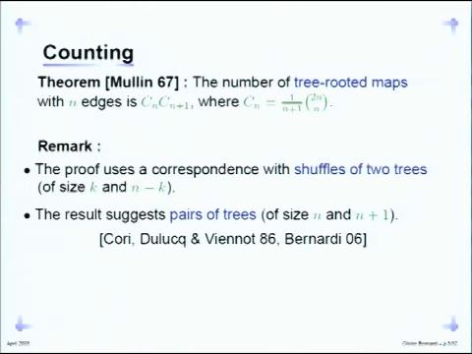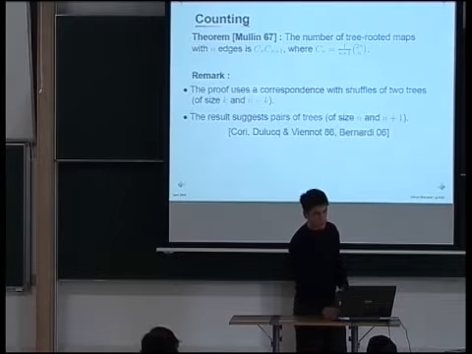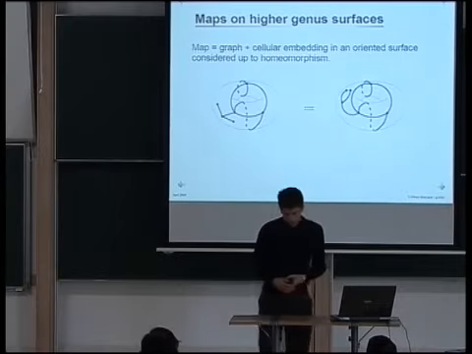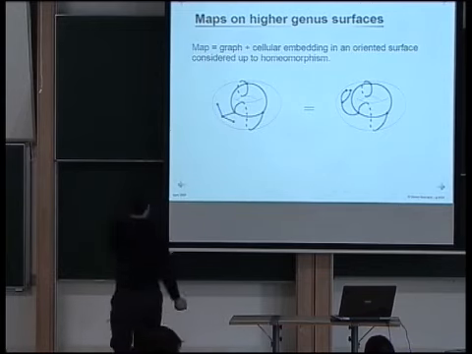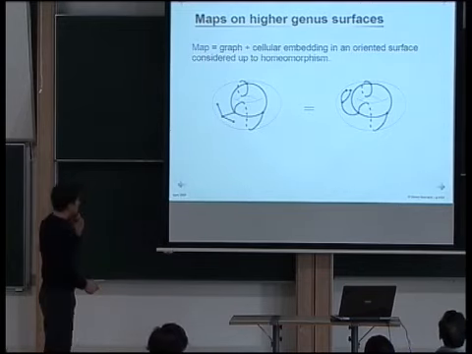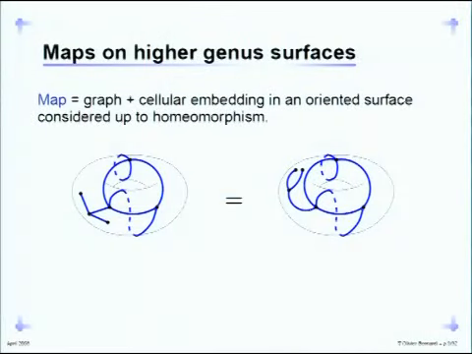Okay, now the definition will be a bit more subtle. I'm going to cover maps, but I have to explain first what maps are in higher genus. In higher genus, it is what you expect it to be. A map will be a graph plus a cellular embedding in an oriented surface, considered up to homeomorphism.